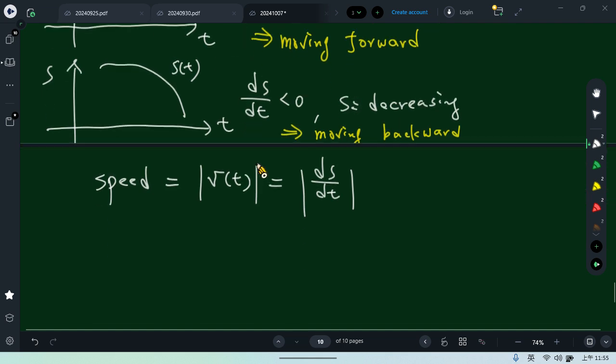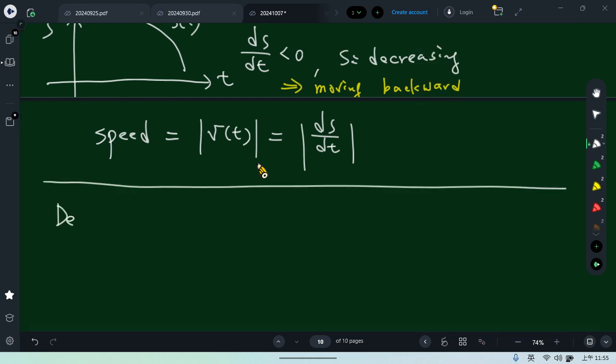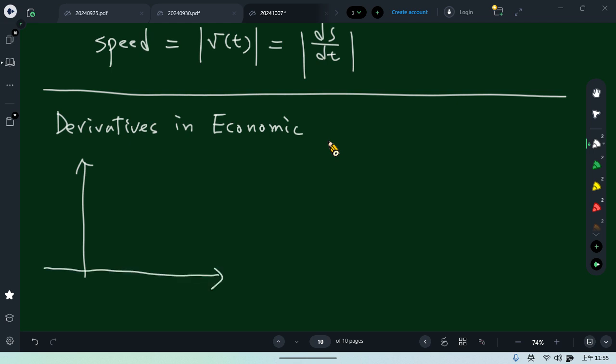And the last one I want to show you is how we can apply the derivative in economics. For economics, I want to use an example where the horizontal line is about how many units, for example, x units.